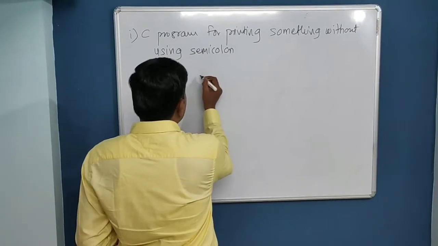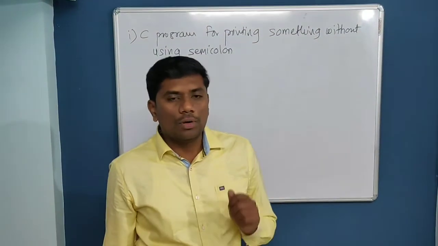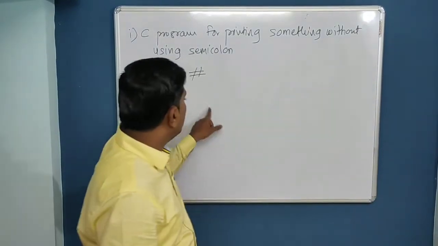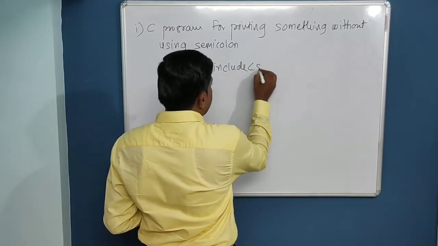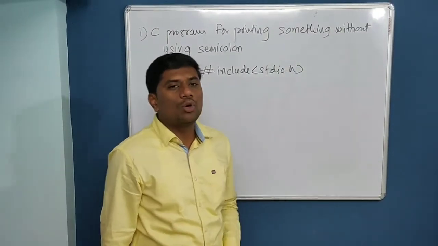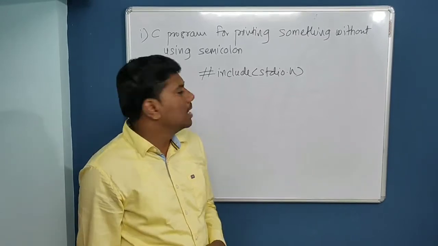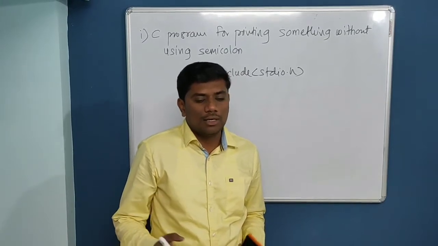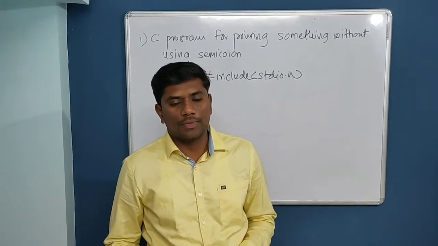Now, as we are going to print something, we must use the printf function. As we are going to use printf, we should include the stdio.h header file, because printf is from stdio.h. Now, if you use getch or clrscr functions, then there is a semicolon.